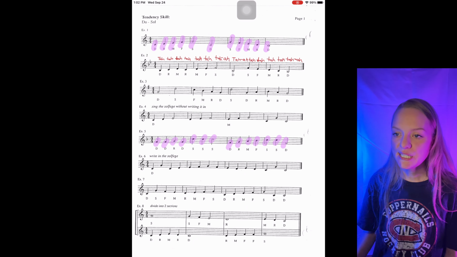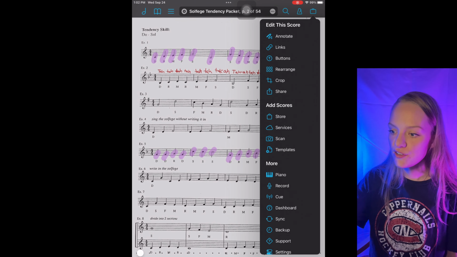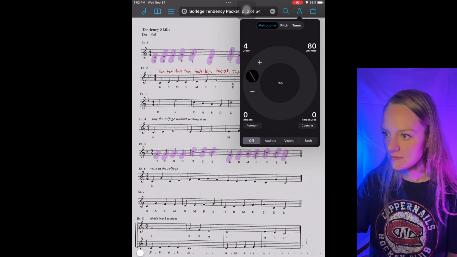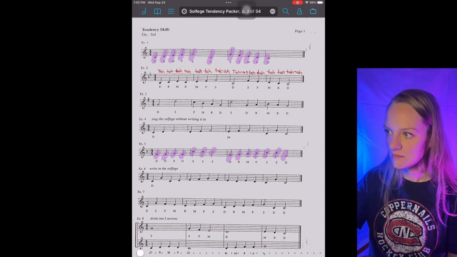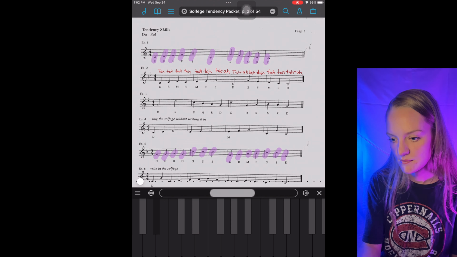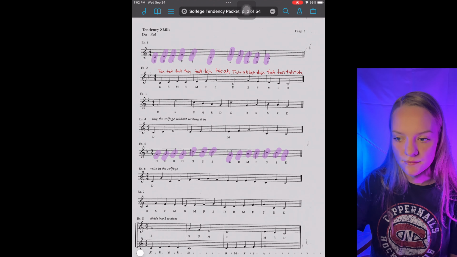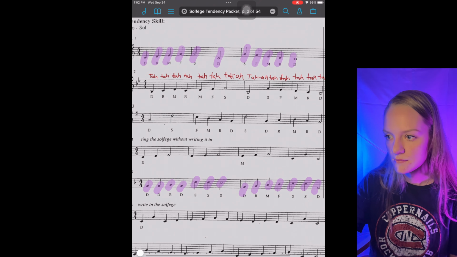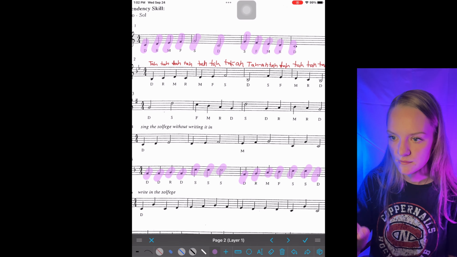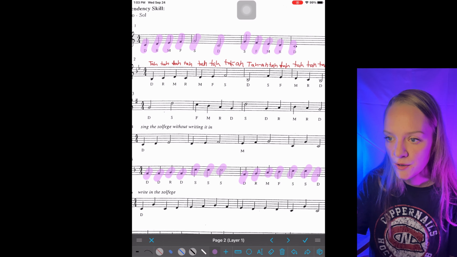And I already counted out the rhythms for this exercise, so now we are ready to sight read on solfege. Do. 1, 2, ready, go.